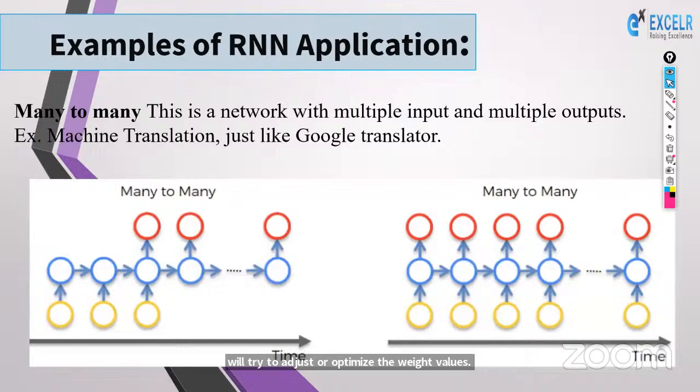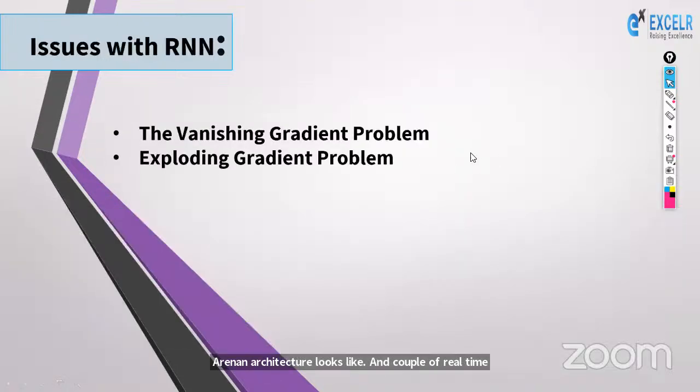And for backpropagation, at the back end, there will be gradient calculation. Depending upon which weight it tries to optimize, we have a chain rule of derivation, and through that it has a number of gradients to optimize that weight. And then we saw what the RNN architecture looks like and a couple of real-time applications of the RNN.